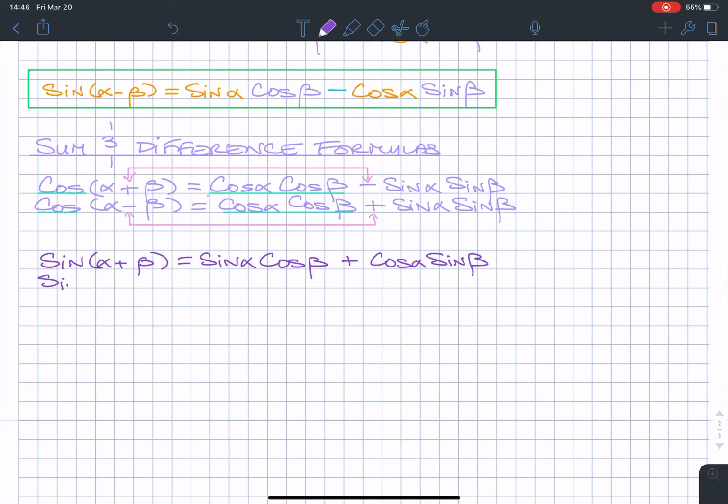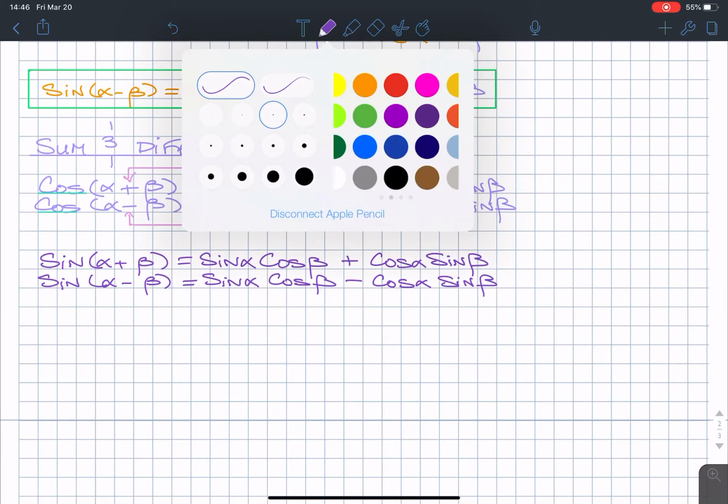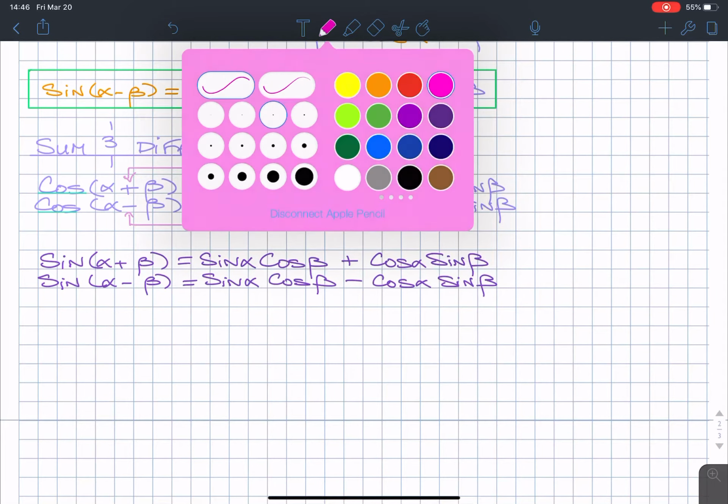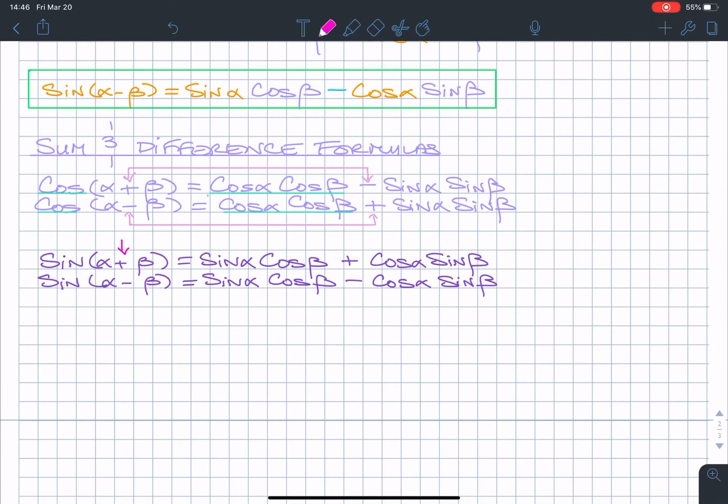Whereas sine of alpha minus beta will be sine alpha cosine beta minus cosine alpha sine beta. So what's going on with sine? Well, sine is much nicer, right? Because the signs are the same. So therefore, plus goes to plus, minus goes to minus. So that's kind of nice.